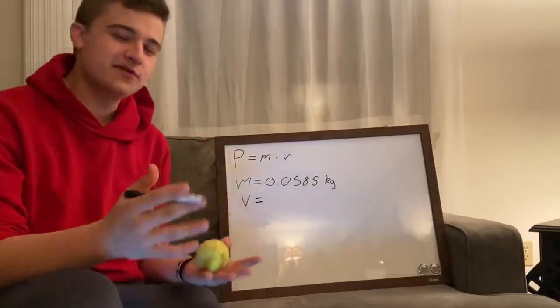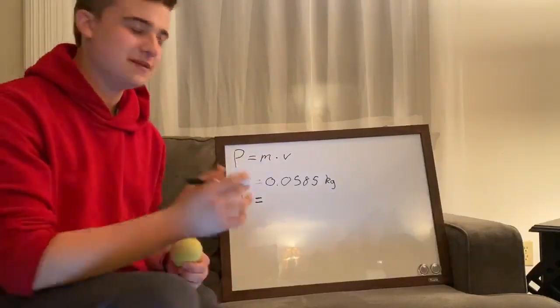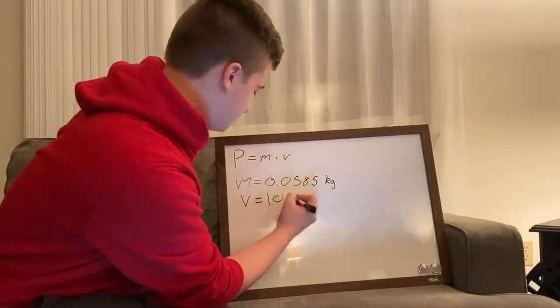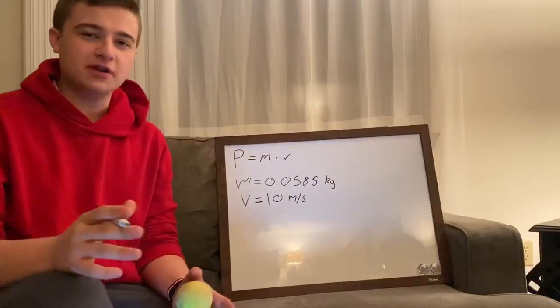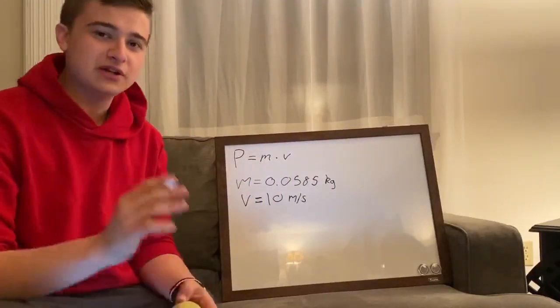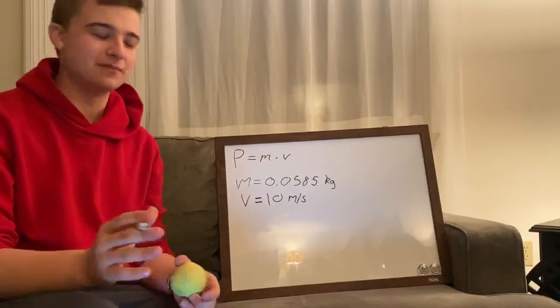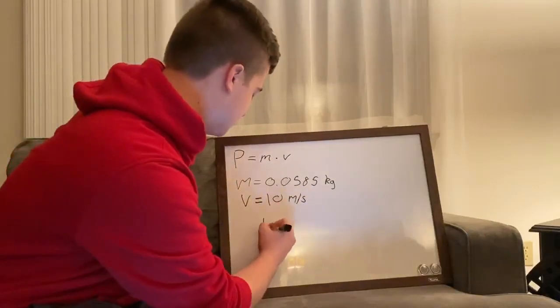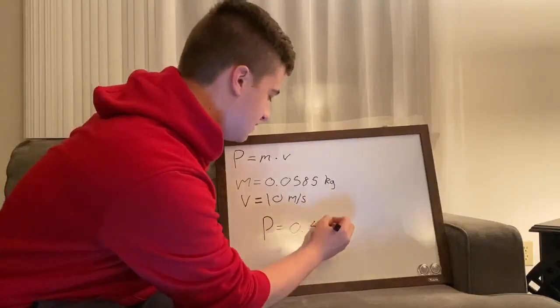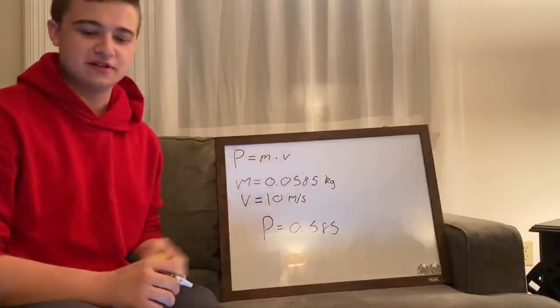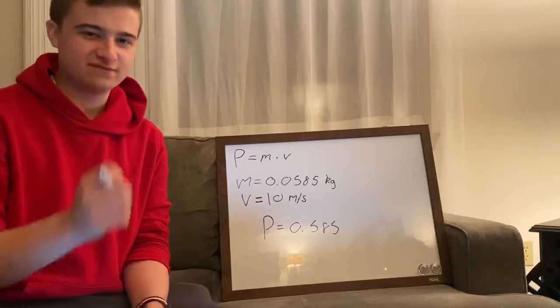Generally speaking, I threw the tennis ball at about 10 meters per second. Using our formula and plugging in for our variables, we can determine that the tennis ball had a momentum of 0.585 units of momentum.